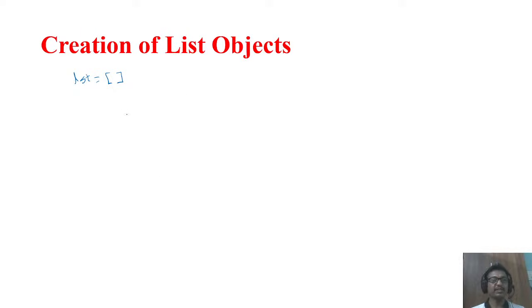When you say list equals empty square brackets, this creates an empty list. And if you print this list, it prints the empty list. When you pass the list to print, empty square brackets will be printed on the screen.